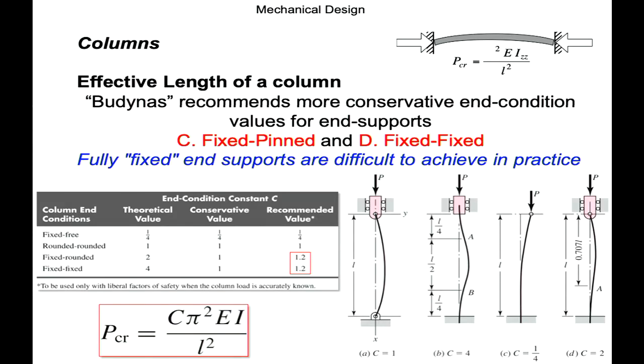To have something fully fixed implies that how this column fixes into that end support is perfect in that it's always going to be coming normal to the surface without any wobble, without any chance under load of one object distorting the other object and vice versa. And of course that's not true in practice.